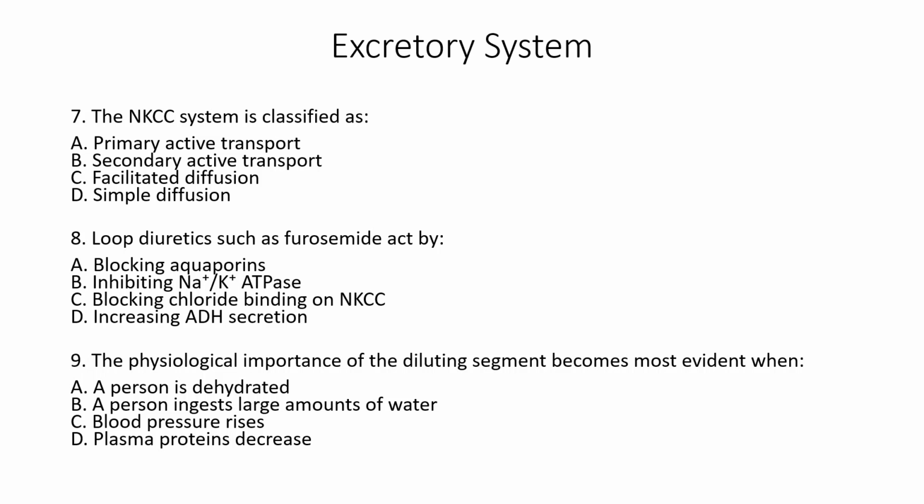So if a person, for instance, ingests a huge amount of water, just decides to drink liters of water, what will happen? Suddenly there is too much water and this needs to be thrown out of the body.